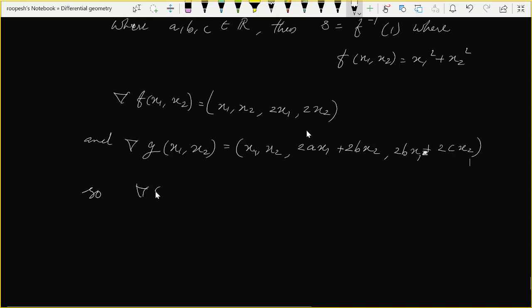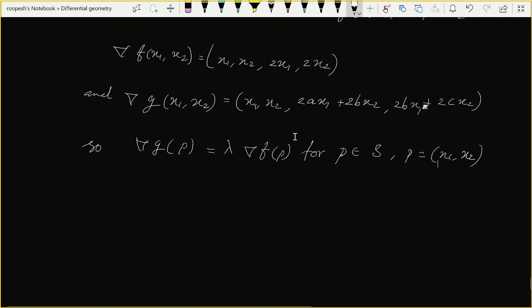So del g of p should be equal to some lambda times del f of p, for p belongs to S and p equal to x1, x2.